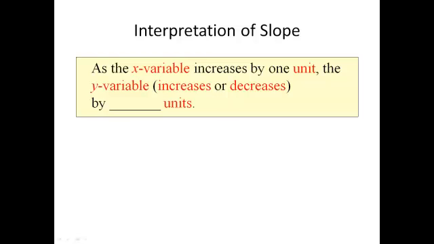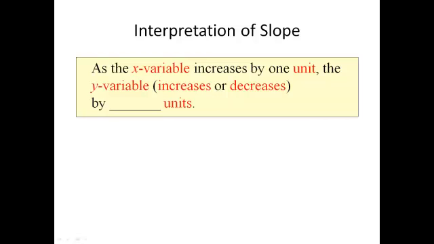So the interpretation of slope is this. As the x variable increases by 1 unit, the y variable either increases or decreases by blank units. And what goes into the blank is the absolute value of the slope coefficient. And when we say that the y variable either increases or decreases, well, that depends on the sign of the slope.